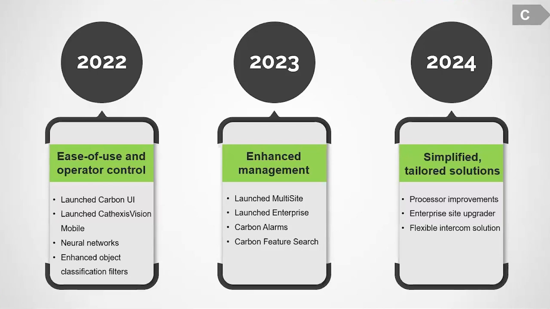In 2024, we also introduced a flexible intercom solution. The intercom solution requires nothing but a single camera with audio in and audio out, basically bi-directional communication, as well as an input and an output. You don't require the purchasing of an expensive intercom integration or intercom integratable device.